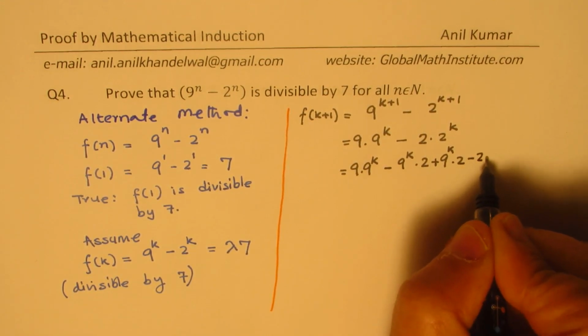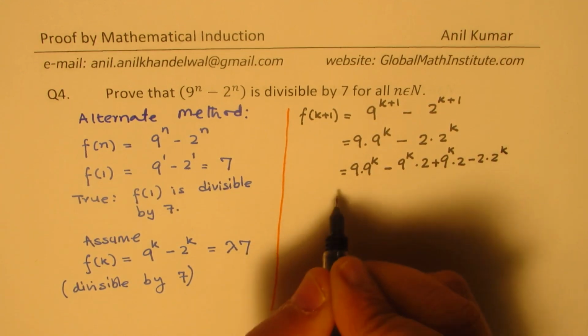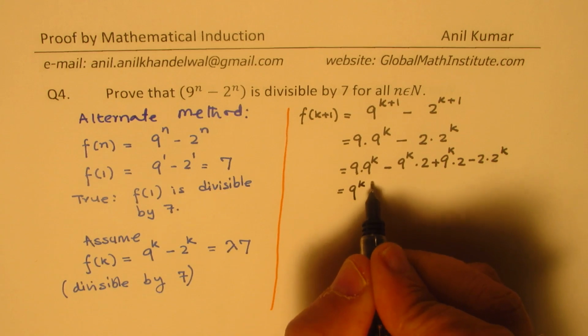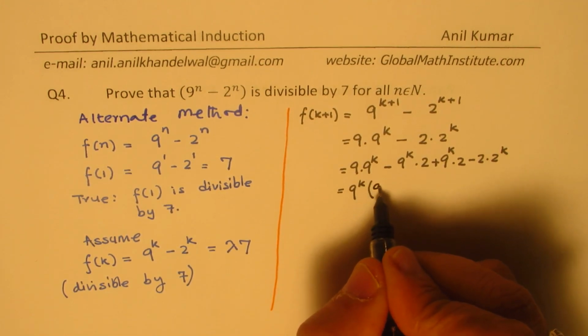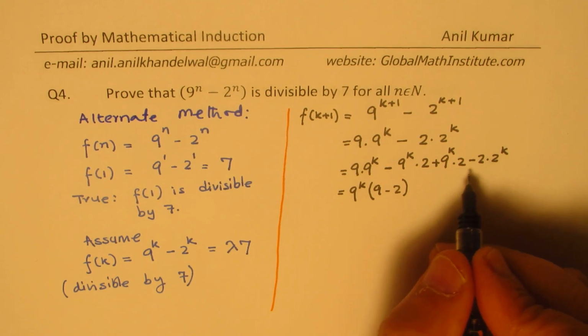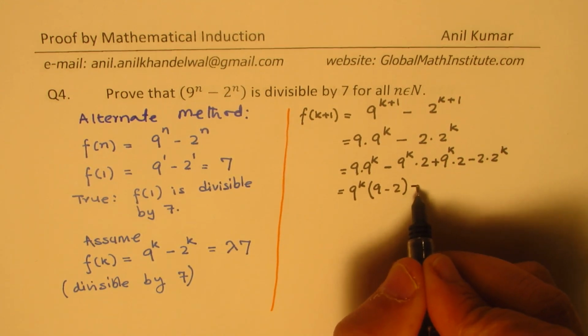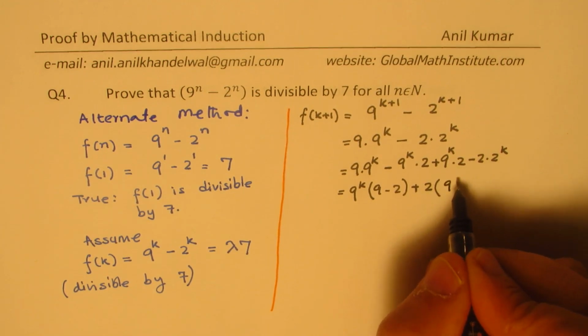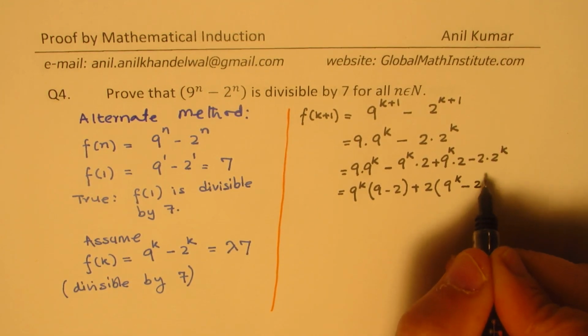And we have 2 times 2 to the power of k. Now combining the first two terms where we have 9 to the power of k common, we get 9 minus 2. And in the next two terms, we have 2 common, right? So we have plus 2. And we can write this as 9 to the power of k minus 2 to the power of k.